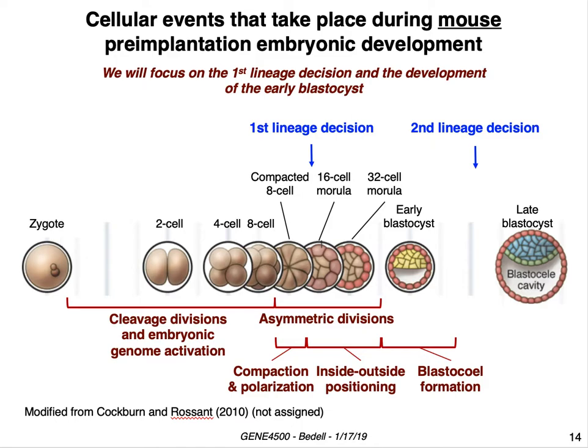Now this term polarized, we'll see an example of this. Polarization of cells, or cells becoming polarized, doesn't happen just in the embryo. All epithelial cells, like we saw in the uterus, the lumina of the uterus, those are epithelial and they're polarized. All the cells on the interior of your intestine are polarized.